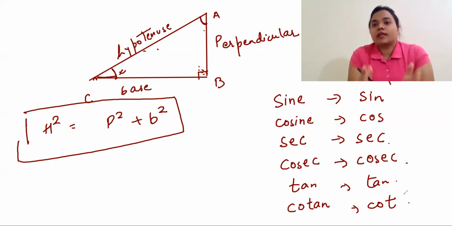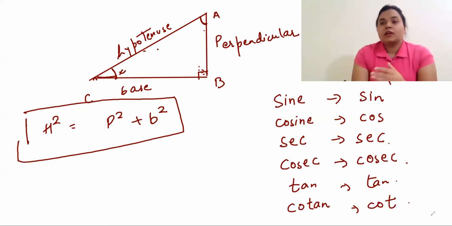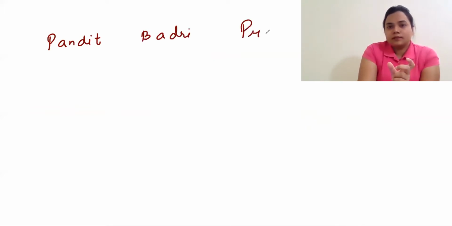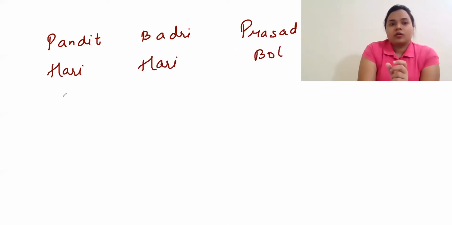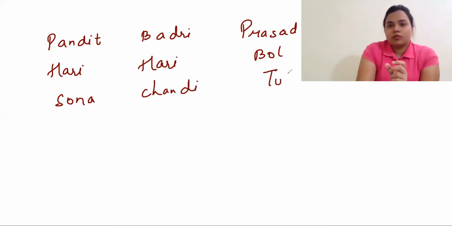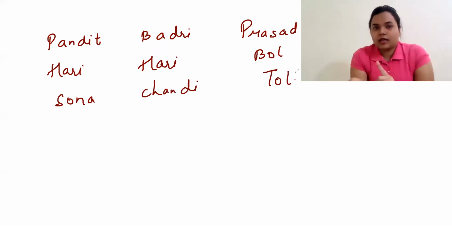Fine. Now I will tell you how to find the ratios. First, let us memorize one simple basic formula: Pandit Badri Prasad Hari Bol Sona Chandi Tol.